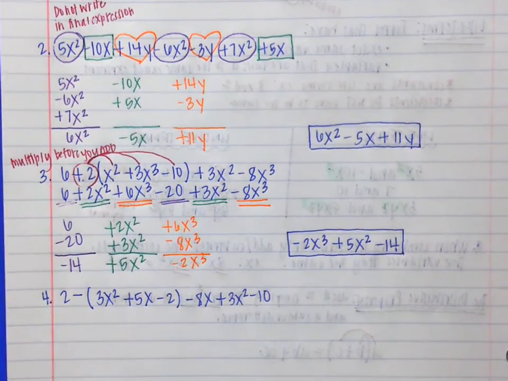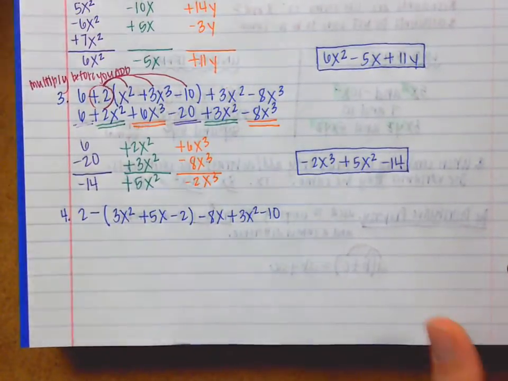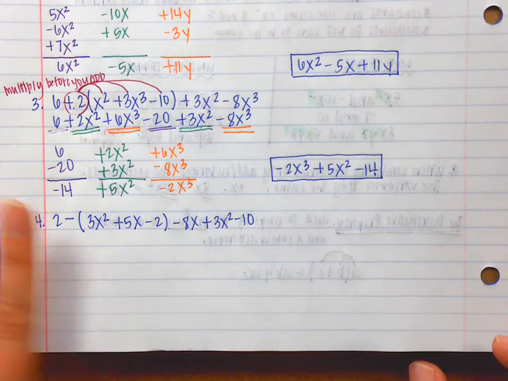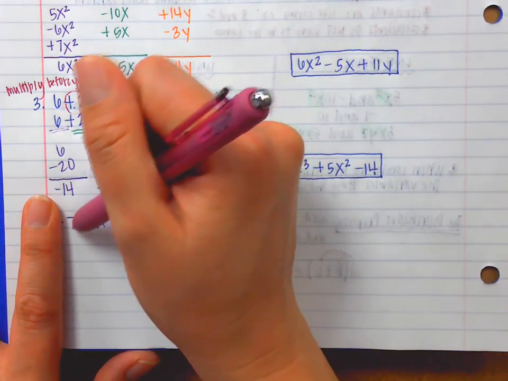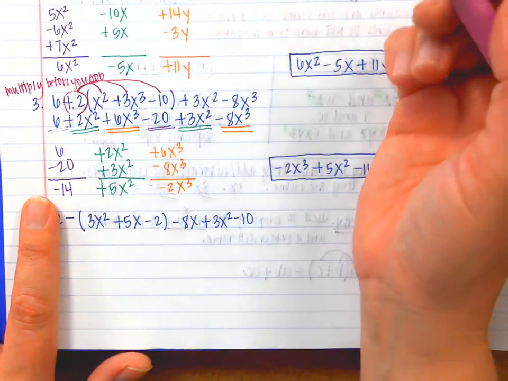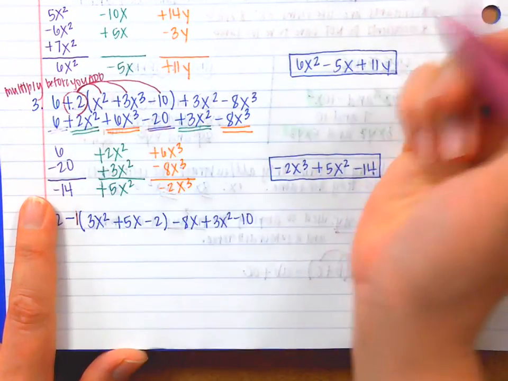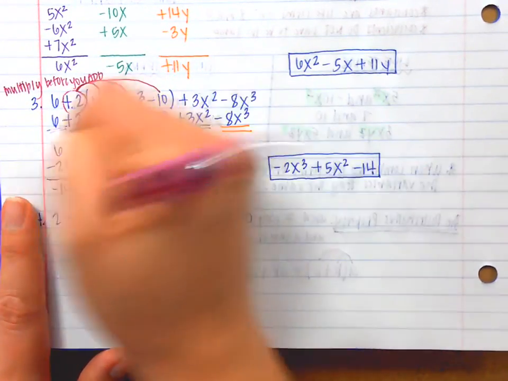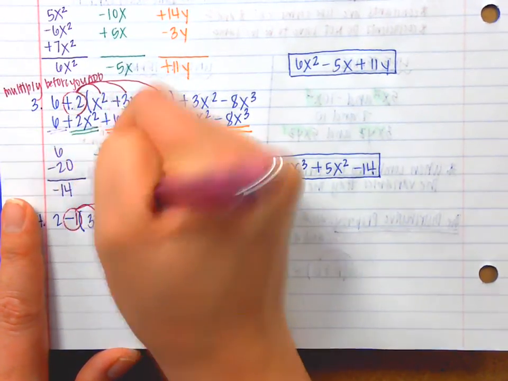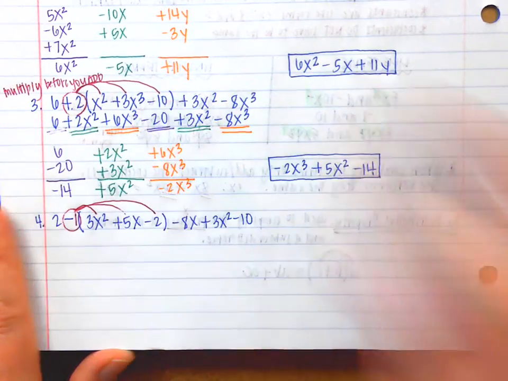So the first thing I'm going to do is distribute. Now, what am I distributing? Well, remember, you're distributing this, but there is no number there. What number can we assume is there? We can assume there's a 1. So we're actually distributing this negative 1 to the 3x squared, to the 5x, and to the negative 2.